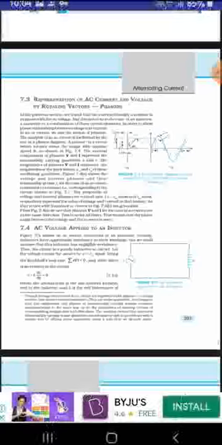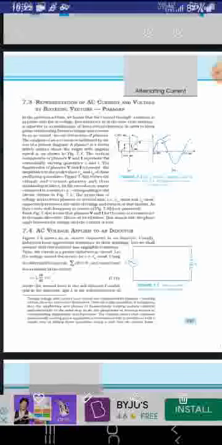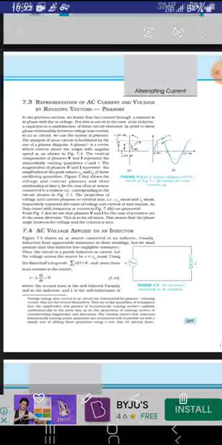Now, an AC voltage applied to an inductor. See here, AC voltage is applied to an inductor. Inductors have appreciable resistance in their windings, but we shall assume that the inductor has negligible resistance. We don't know how much it has, so let's assume.